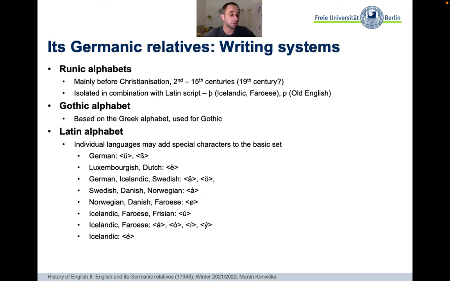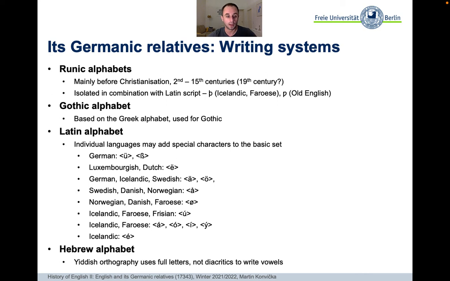Now, I said the majority because not all Germanic languages now spoken are written with the Latin alphabet. There is also one Germanic language which is written down using the Hebrew alphabet, or an adapted version of it, and that is Yiddish.